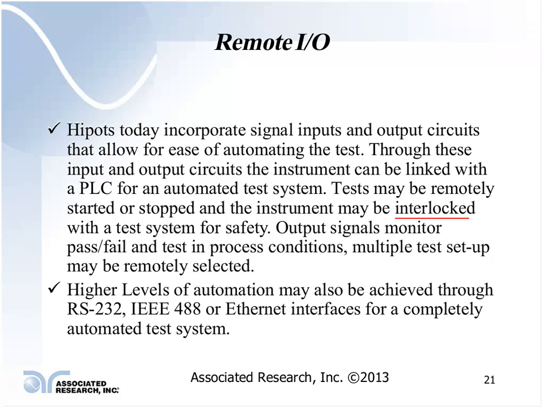Today, OSHA is becoming much more stringent on testing requirements and personal protection equipment. Years ago, you never saw anybody doing testing in a production line using high voltage gloves.